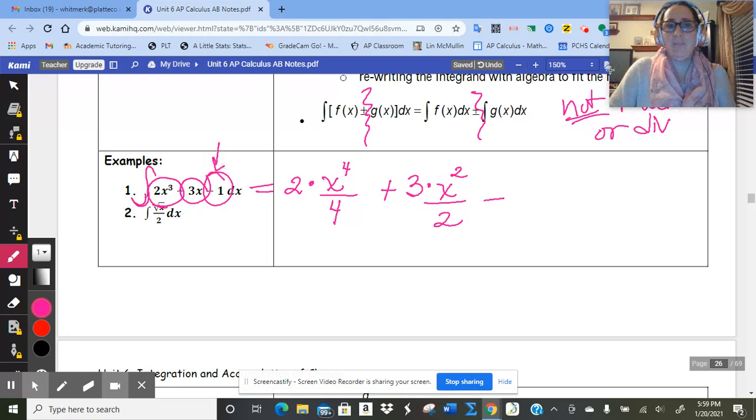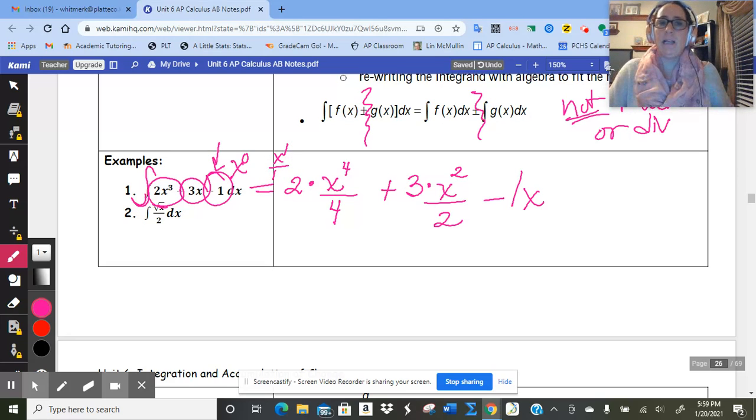Minus, if you just have the number there, these are super easy. All you do is tag on the variable at the end. So it'd be minus 1x. And that is the power rule because this was technically x to the 0. And then when you add 1 to it and then divide by the new power, you just have x. But I like to just know, like, oh, what derivative gave me negative 1? Negative 1x.